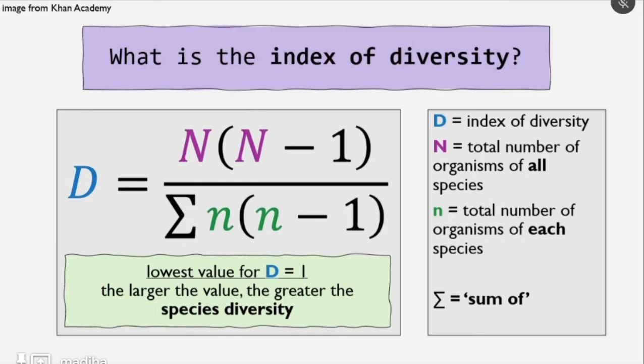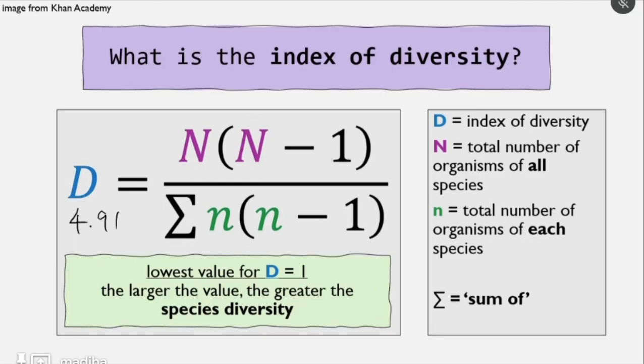And essentially the larger the value that we get, so if we get 4.91, the larger the value, it shows the greater the species diversity. So it shows a greater species richness, and it shows that it's kind of more balanced out, so more species evenness. So when we interpret results, we want to talk specifically about there being a higher species richness, because the value is higher, the diversity is higher.